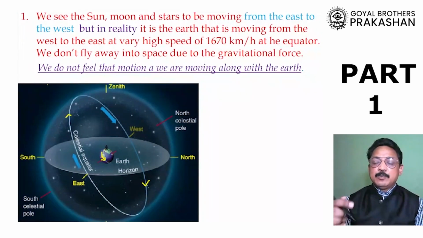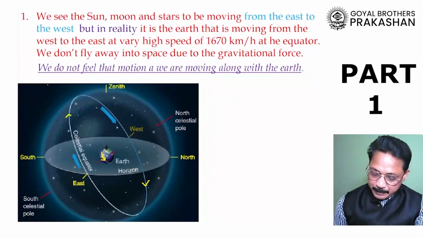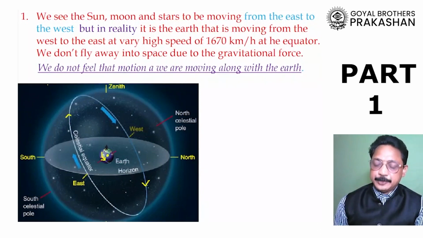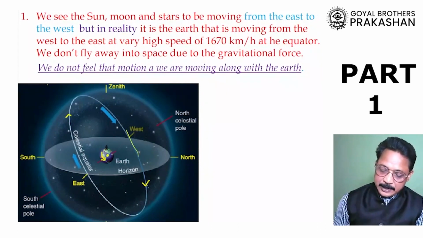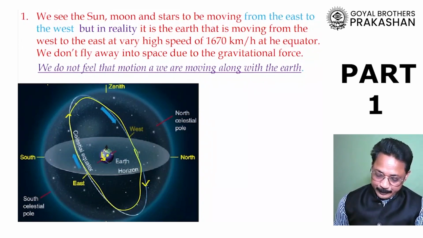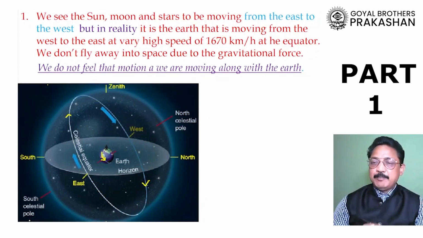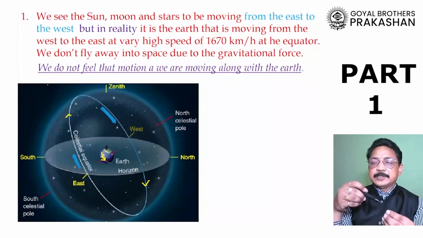And this is what gives us a feeling that we people here on earth are stationary and the other things are moving around us. This is one of the reasons why people thought that earth is the center of the universe and other things are moving around us.